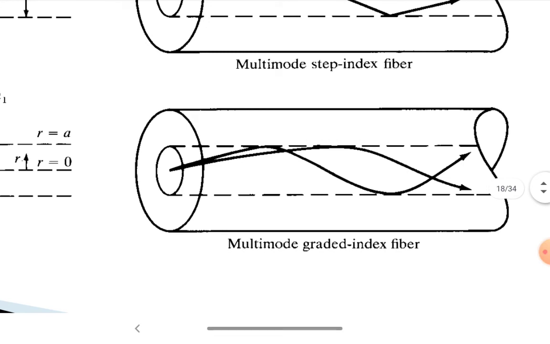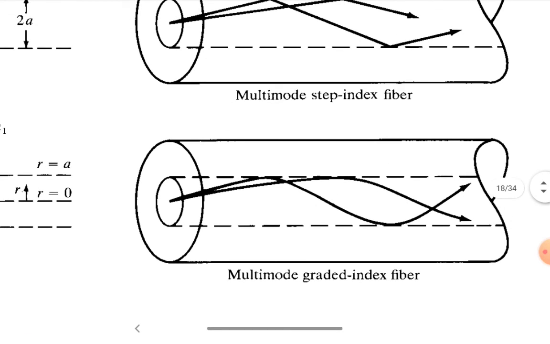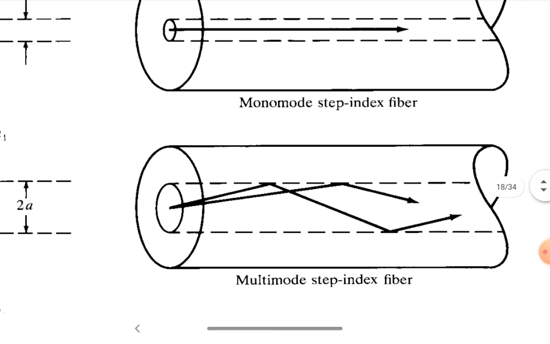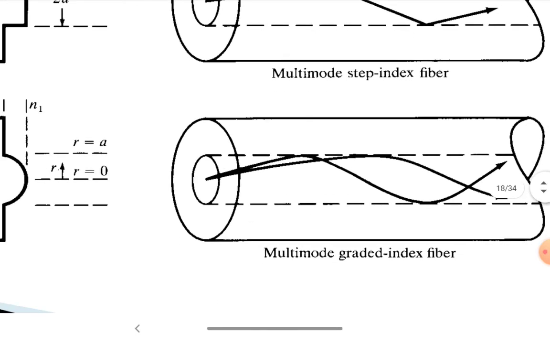And then the multi-mode gradient index fiber. It means multiple rays are transferred, but using gradient index fiber, the refractive index gradually increases or decreases. In the step index fiber, the index changes step by step.